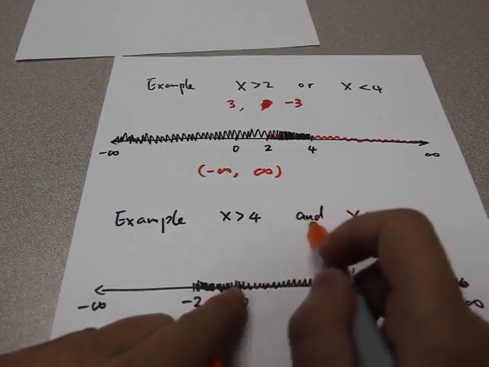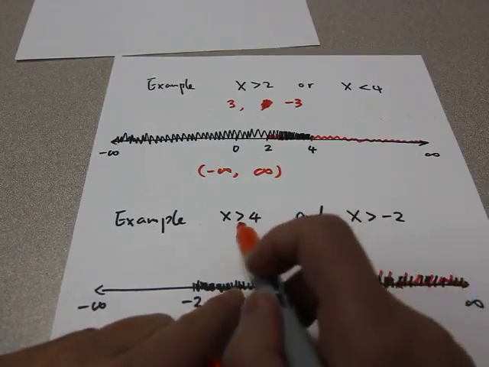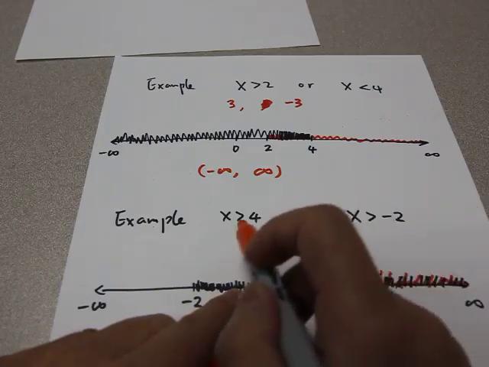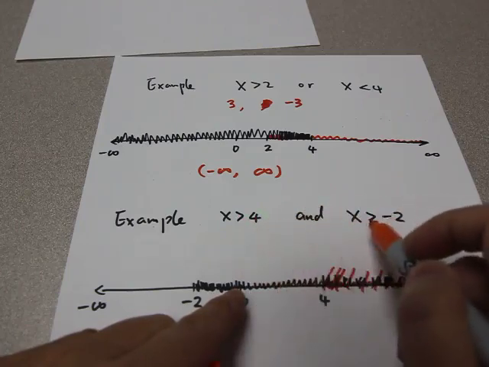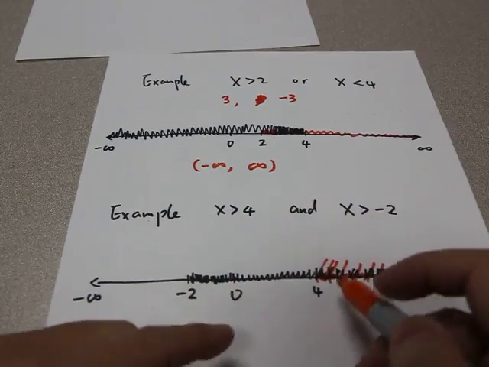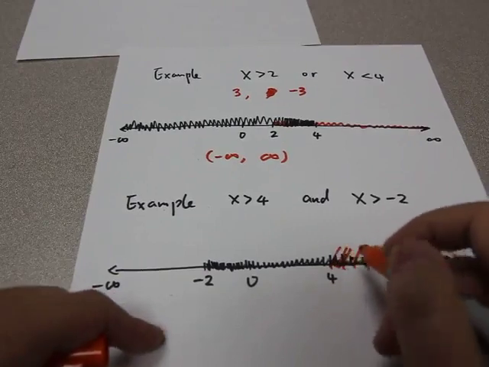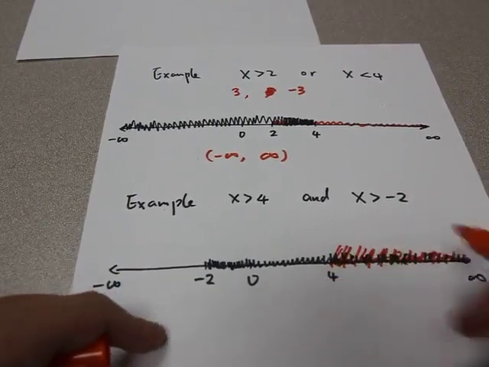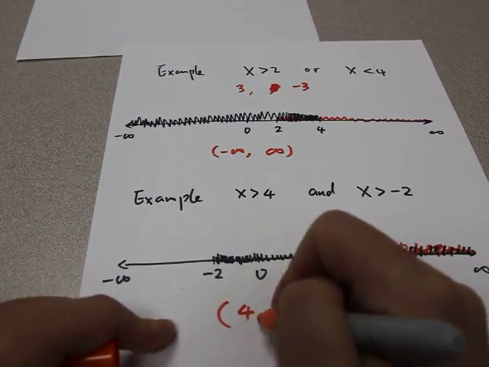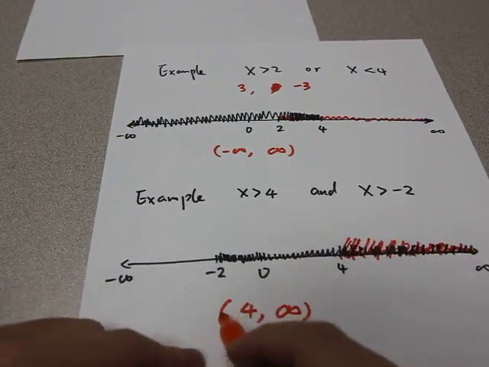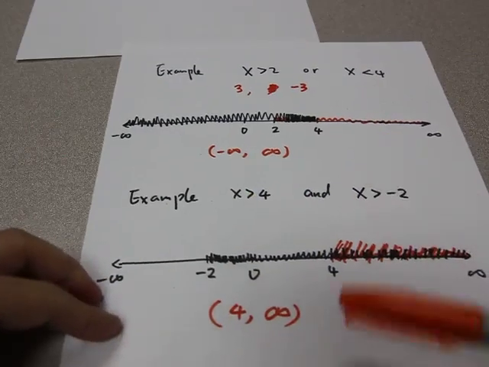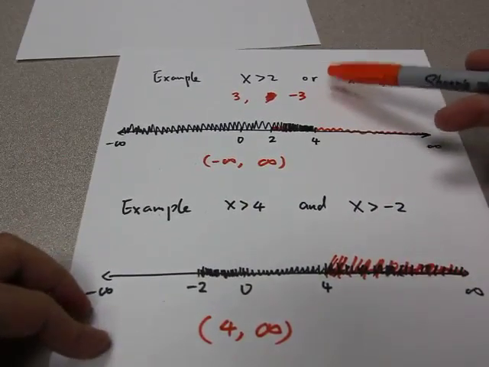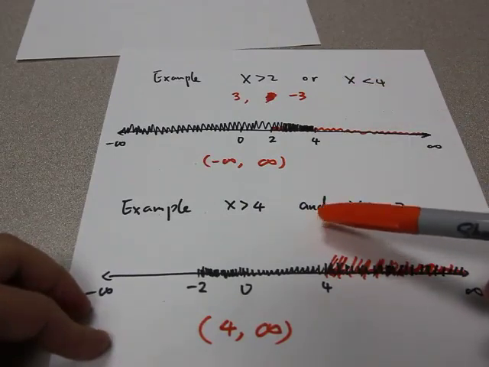We want to make sure the numbers satisfy both conditions. So the number must be greater than 4 and greater than -2. Therefore, in this case, our answer is only this piece, from 4 to infinity, and we use parentheses because here we don't have an equal sign. Now, this is the difference when we are solving a compound inequality using "or" and a compound inequality using "and".